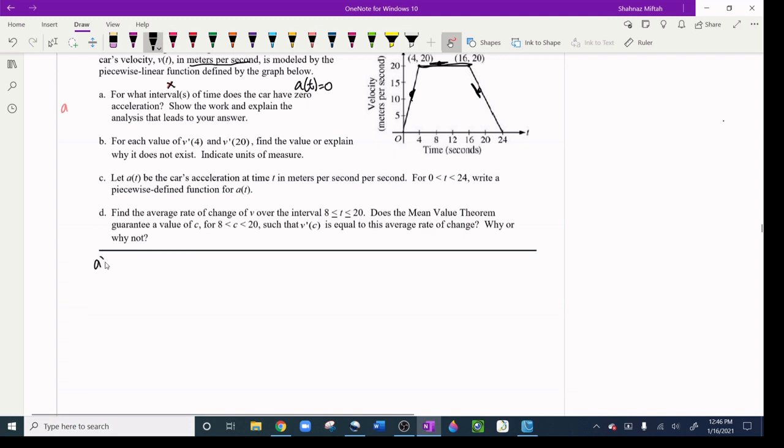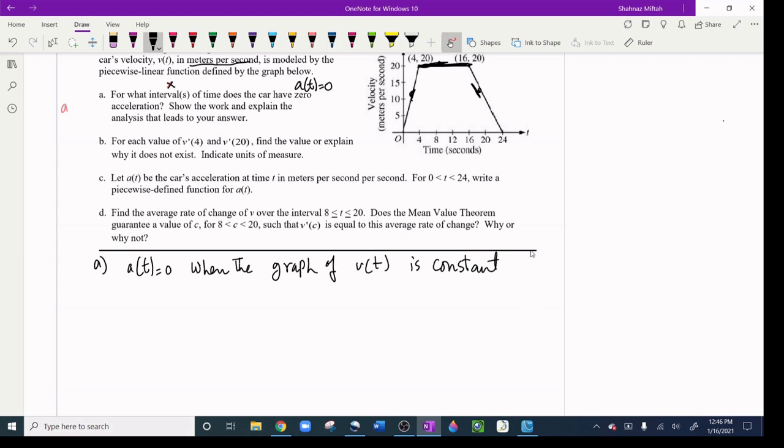So that's part A. Acceleration is equal to 0 when the graph of v of t is constant. It's not increasing or decreasing, it's going the same speed, like the car.